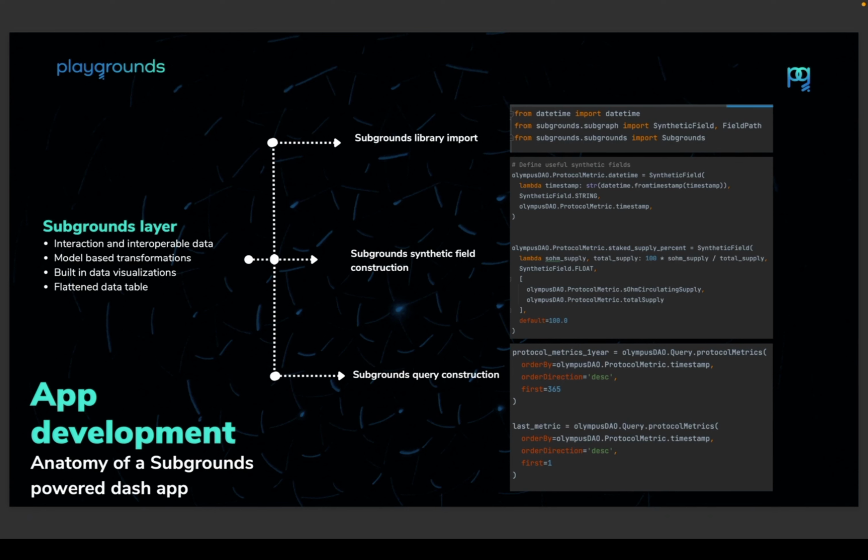So you use the synthetic fields to create new fields or new entities that are themselves queryable once they've been built. And the Subgrounds query construction layer allows you to create the type of queries that you want to request on the subgraph layer itself. In this case, the example shows that there are two types of queries that we want. The first query being we only want 1 year's worth of data, and the second being we want the latest data point available.